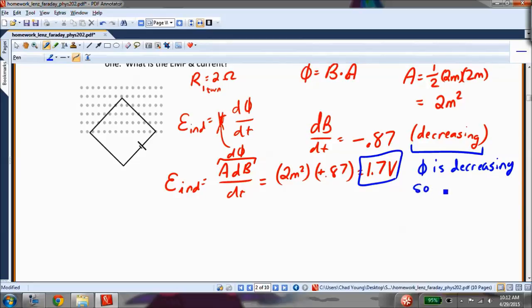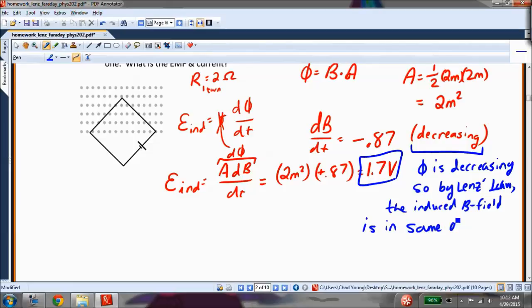So, by Lenz's law, the induced B field is in the same direction as the originating B field.